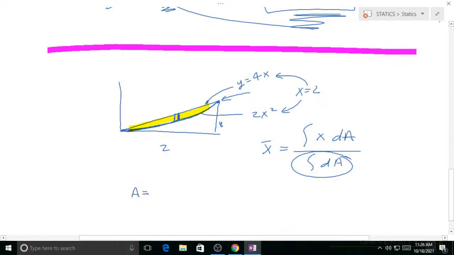So the total area is equal to the integral of dA. Well, let's see. Here's dx. And I am not going the same way I was before, because my area there, I need to erase that. And then, okay, my dA is equal to the height of this thing. Oh geez, this might be too much for me to do right now.